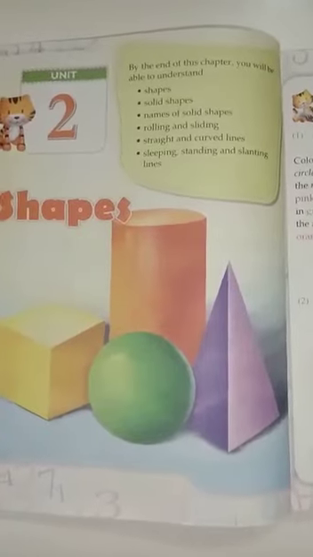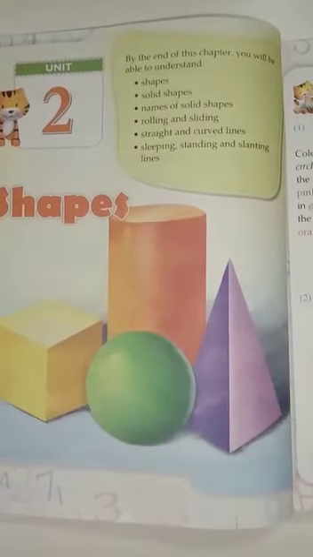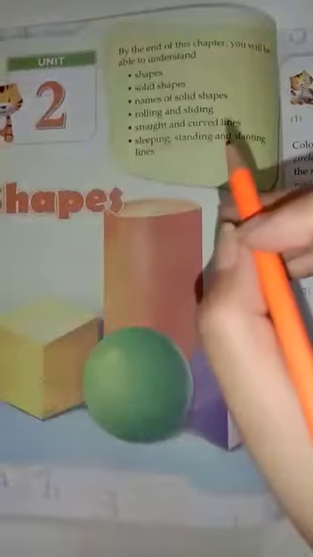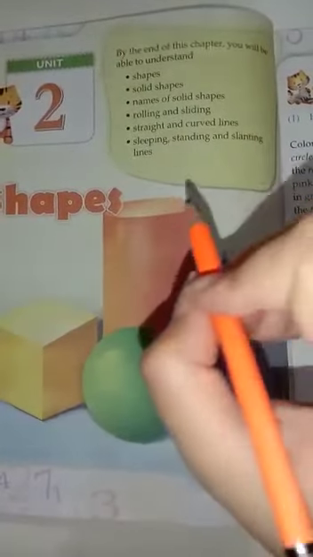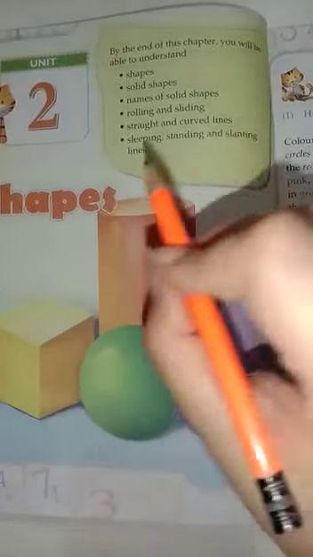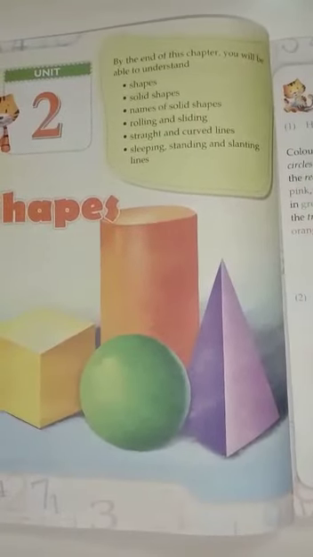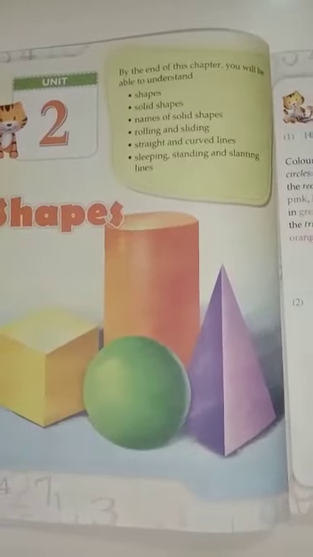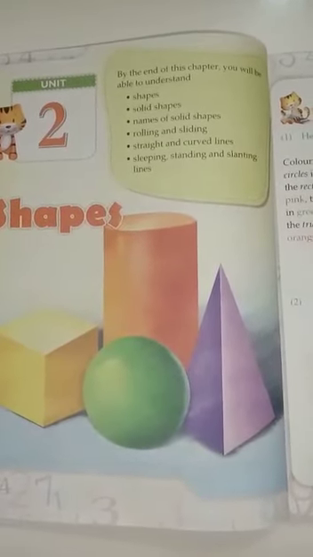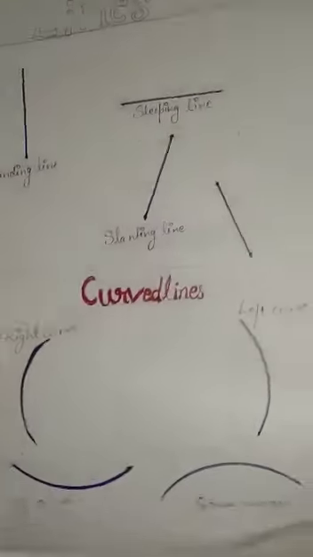Now, today we will start our new topics about rolling and sliding, straight and curved lines, and sleeping, standing, and slanting lines, right? But before starting, here are some examples of these lines. First, we will understand them properly. Now have a look at them.